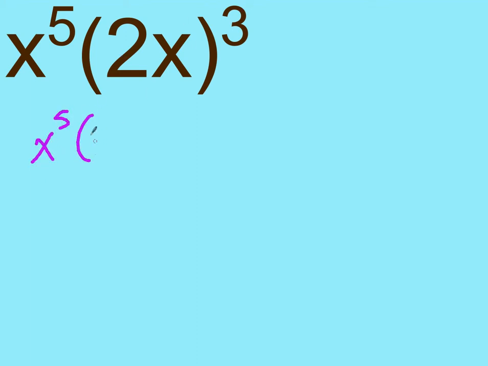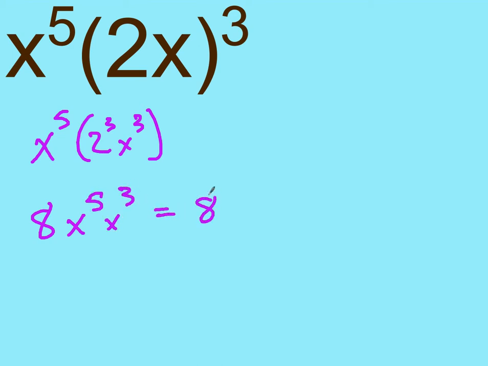Then we have 2 cubed times x cubed. So you distribute that 2. And now we have x to the 5th times 2 cubed. I'm going to use the commutative property of multiplication, and I'm going to switch those two. And then since the base is the same, you add the exponents. And that's what this simplifies to.